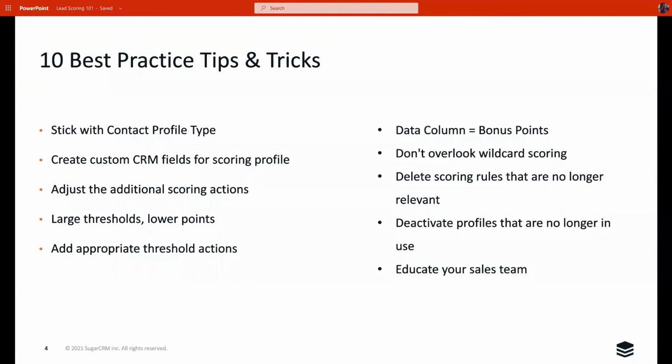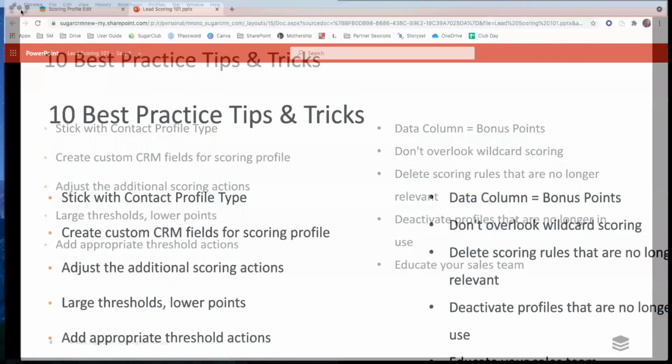Do I need to add more rules or do I need to delete rules? Maybe your branding changed or you're running something new and so it deprecated something old. Make sure you're deleting rules that you don't need anymore, just to clean things up or stop assigning points for things. All right, so it's really easy to delete a scoring rule.